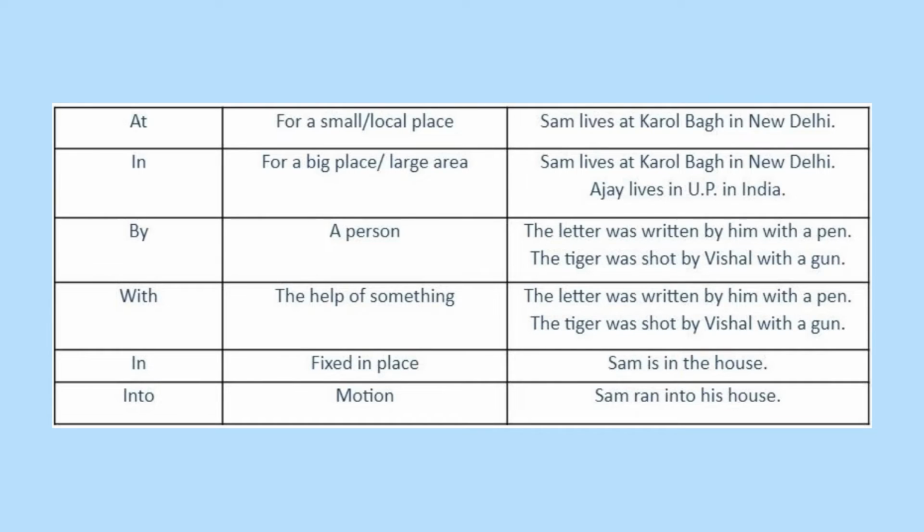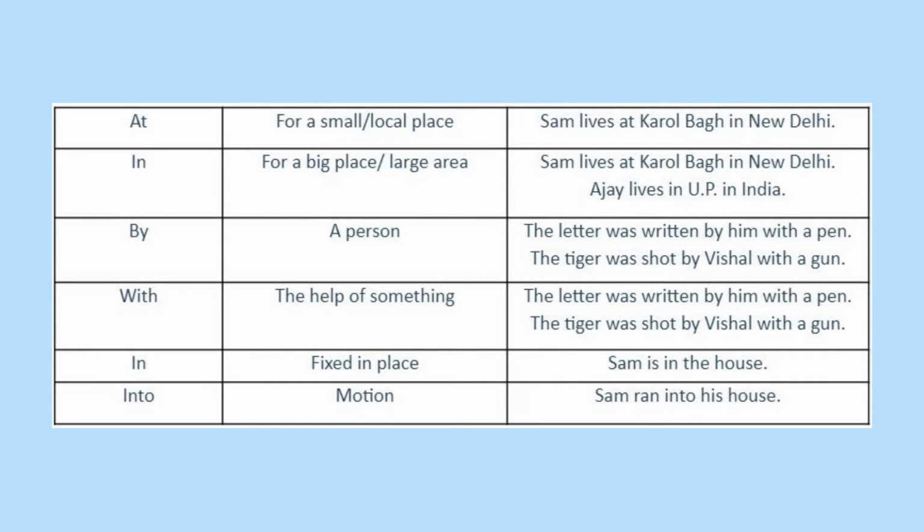Here, by is used in a sentence which is in passive voice. Another statement is the tiger was shot by Vishal. Here, by defines a person, that is Vishal, and the sentence is in passive voice.